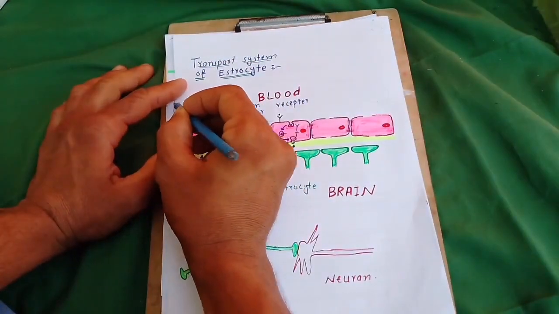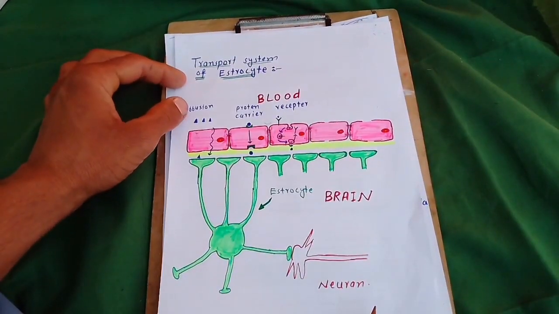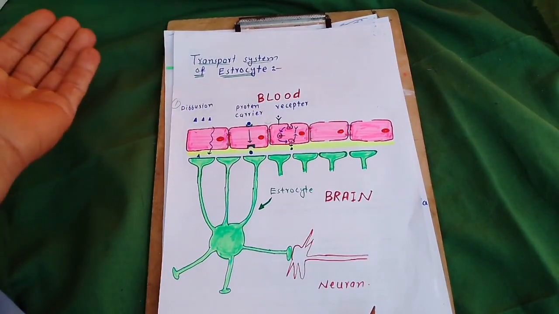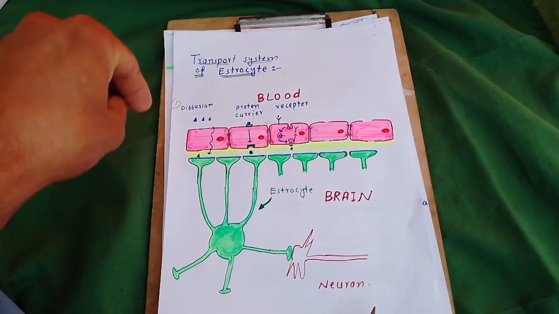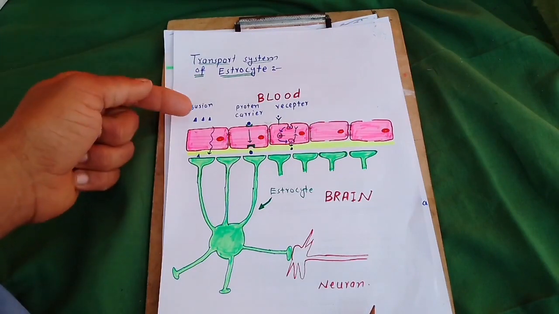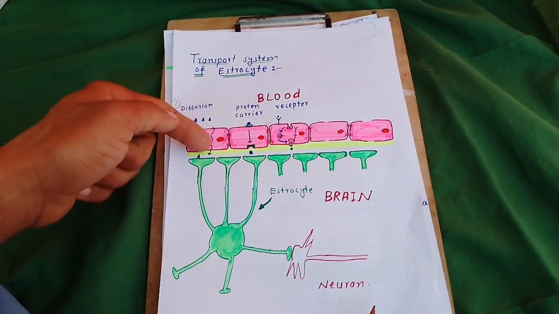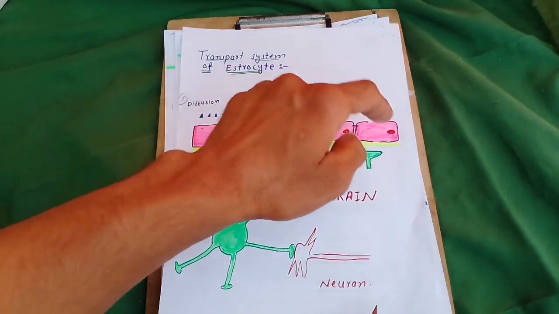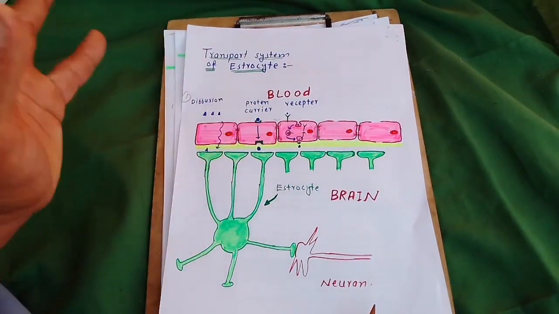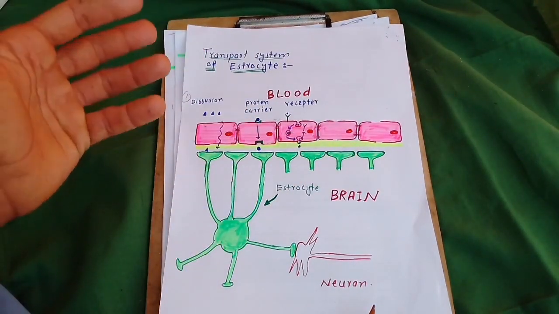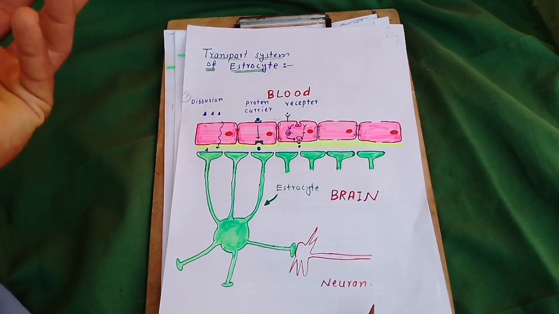Number 1, diffusion. Diffusion is the movement of a molecule from a high concentration to a low concentration. There are no pores in the endothelial cell, no interendothelial pores.